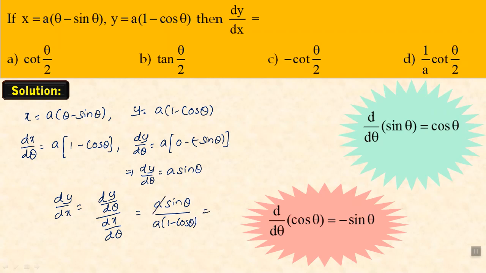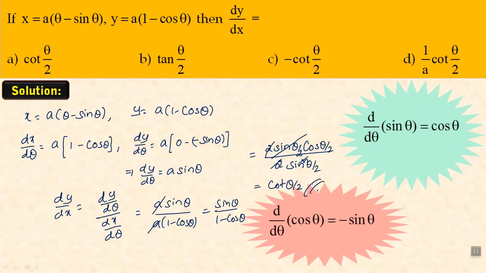This equals, here a gets cancelled, sin theta divided by 1 minus cos theta, that equals sin theta can be written as 2 into sin theta by 2 into cos theta by 2 divided by 1 minus cos theta. We know that 1 minus cos theta is 2 into sin square theta by 2. Here 2 gets cancelled. Sin theta by 2 gets cancelled. Cos theta by 2 divided by sin theta by 2 is cot theta by 2. Therefore, the answer is option A.